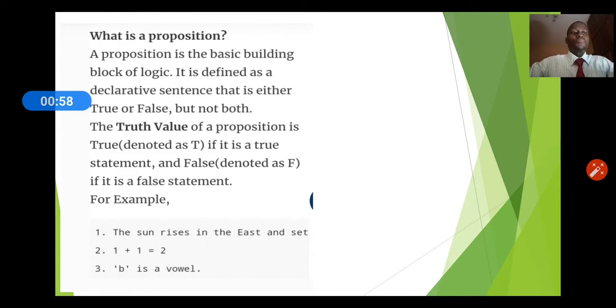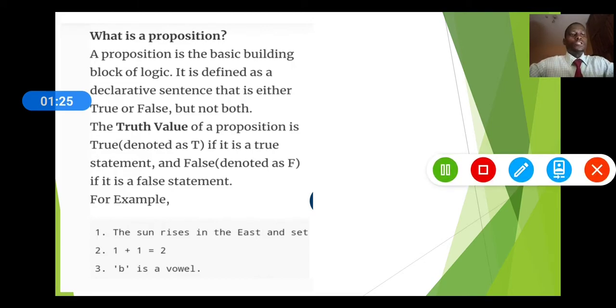Now, what is a proposition? That's the first question we need to ask ourselves. A proposition is a basic building block of logic. It is identified as a declarative sentence that is either true or false, but not both.